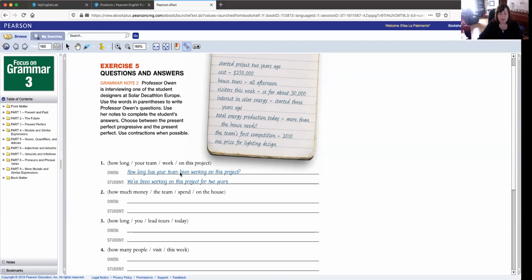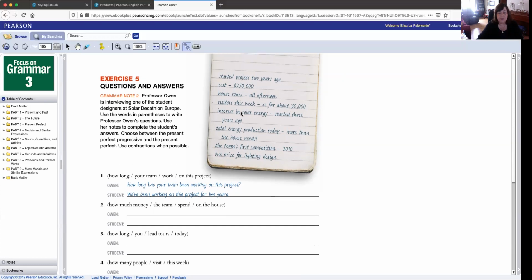I want you to look at team. Team is more than one person, yes, but they're using has. This is considered third person singular because it's only one team. Okay, so that's why we say has. So the answer here, this was the question, how long has your team been working on this project? If you look up here, it says started project 2 years ago.